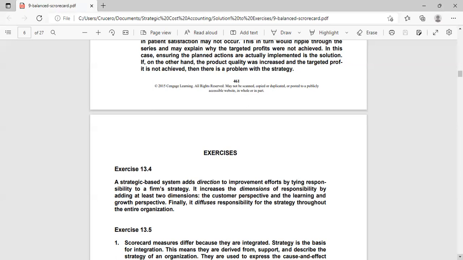A balanced scorecard expresses the complete story of a company's strategy through an integrated set of financial and non-financial measures that are both predictive and historical, and that may be measured subjectively or objectively. So we have now the financial and non-financial measures that are both predictive and historical.